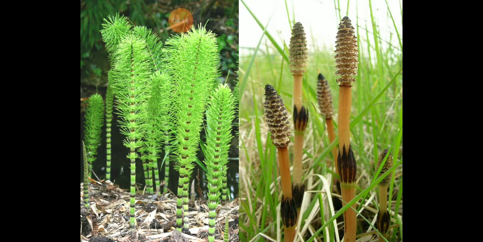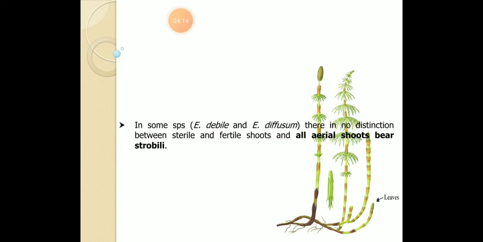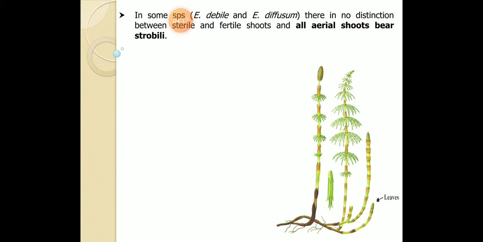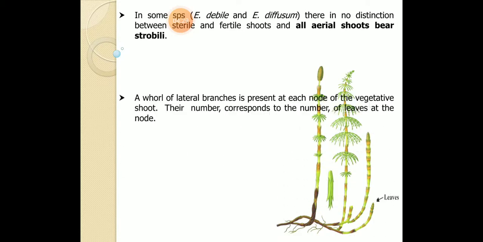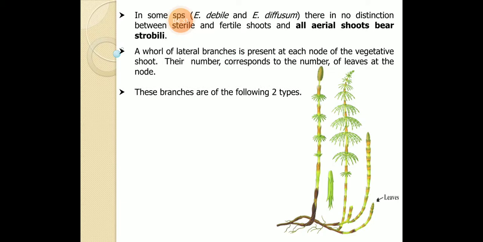The completely green, photosynthetic part is the vegetative structure. In some species of Equisetum, such as Equisetum debile, there is no distinction between the sterile and fertile shoots; they all look similar.